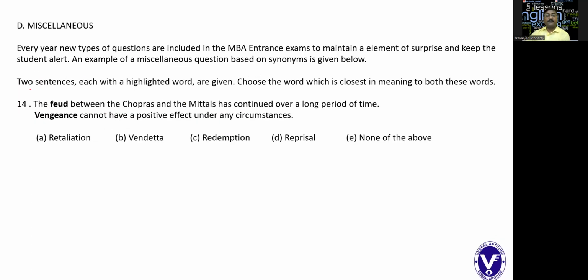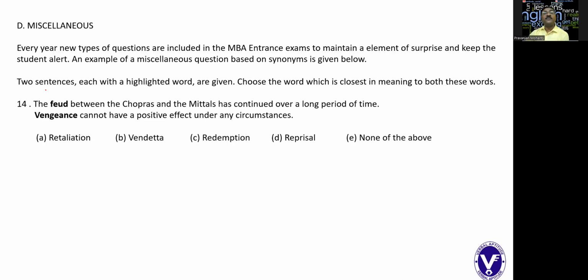Then, every year new types of questions are included in the MBA entrance, and even the banking and SSC exams, I have been observing since the last few years, to maintain an element of surprise and keep the student alert. An example of miscellaneous questions based on synonyms is given. Now, two sentences, each with a highlighted word, are given. Choose the word which is closest in meaning to both these words. The feud between the Chopras and the Mittals has continued over a long period of time.